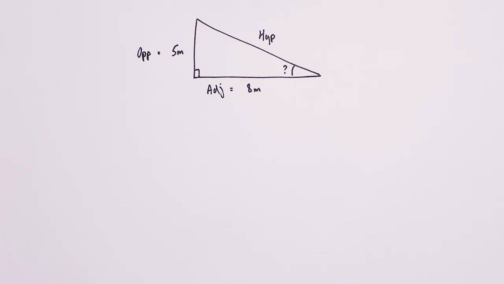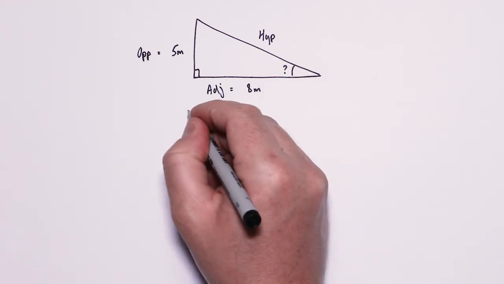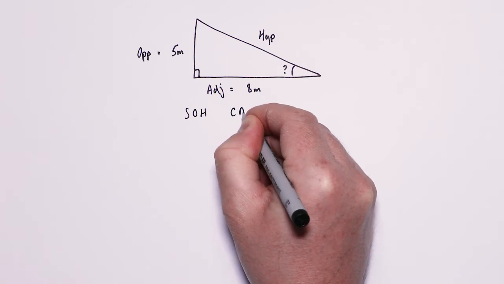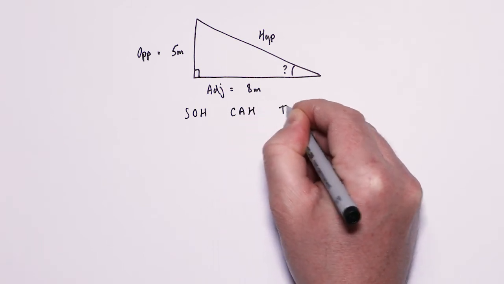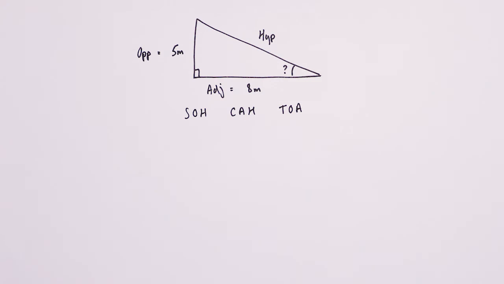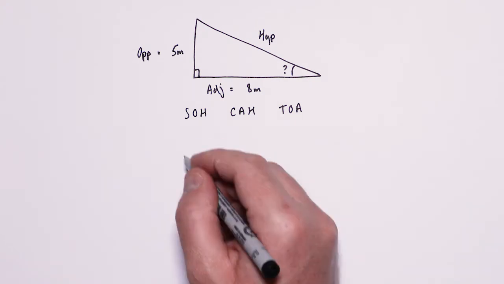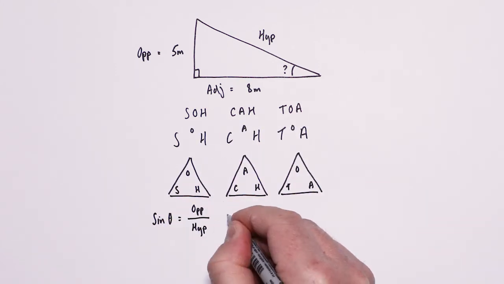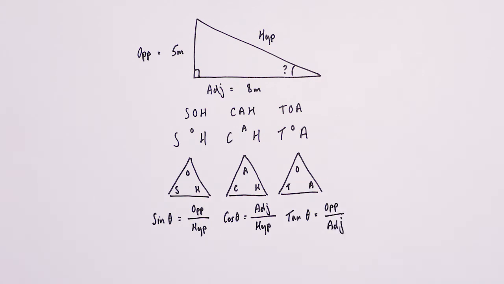How do we find out what the angle is? Well, first let's write down Sohcahtoa, and then unpack it as we did earlier. So that's Sohcahtoa unpacked. We now have all the maths we need to find that angle.